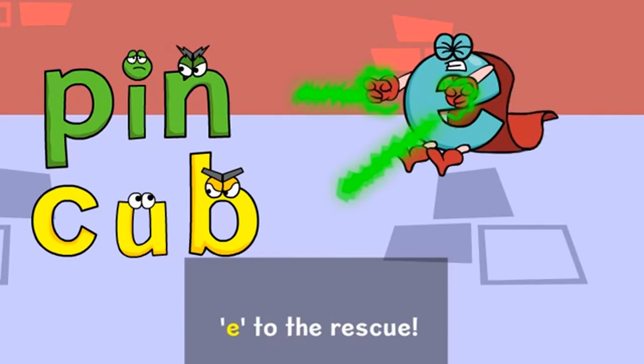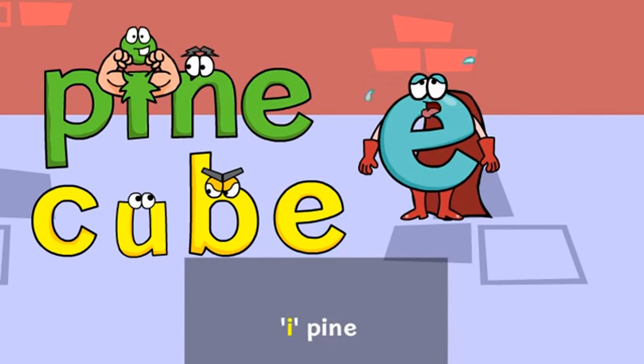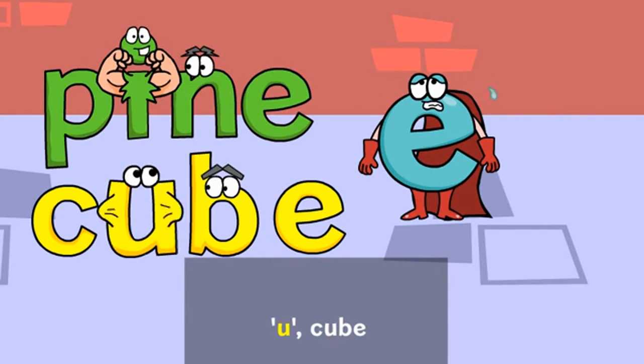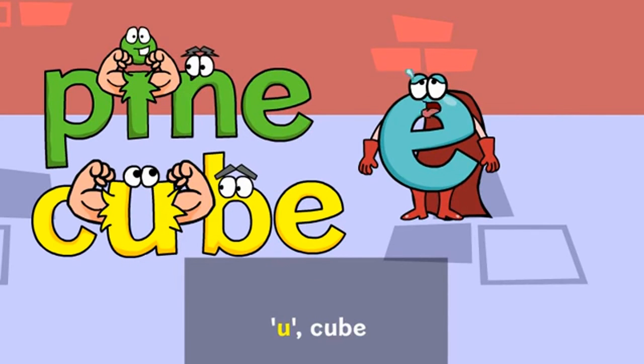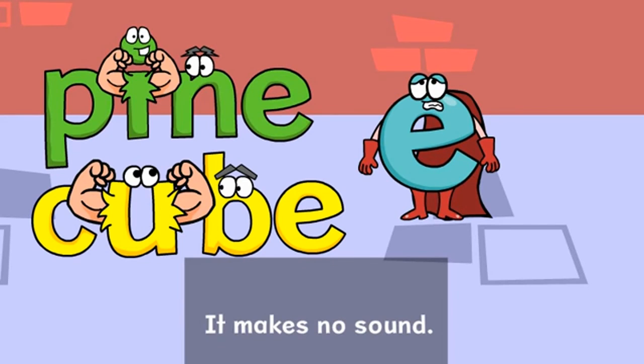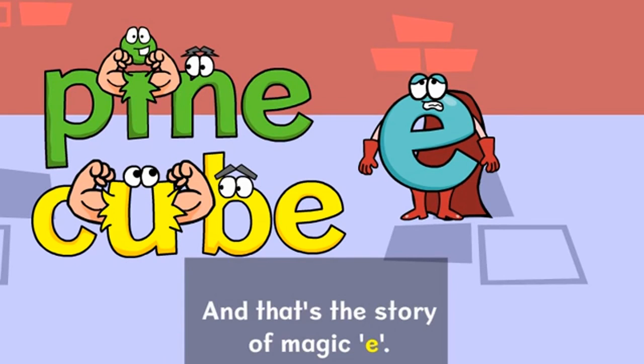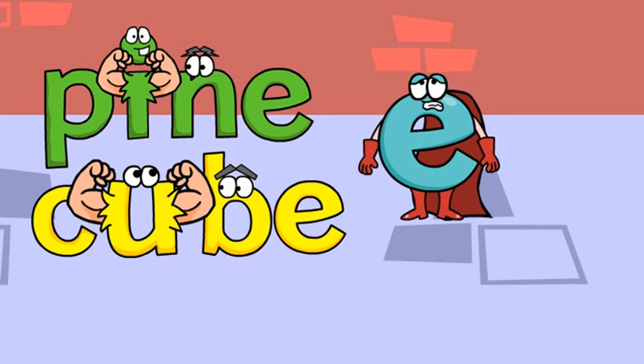Cub. E to the rescue! I. Pine. U. Cube. Please remember the heroic sacrifice of the magic E. It makes no sound. All its power is gone to make the vowel strong enough to say its name. And that's the story of Magic E.